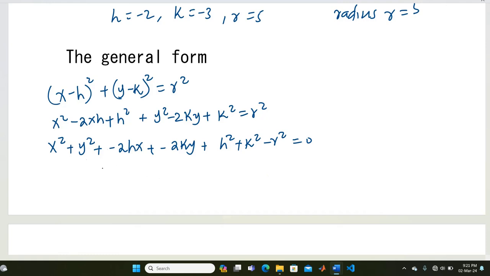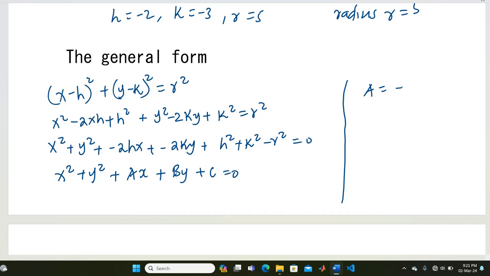So if we summarize this equation and say it is x squared plus y squared, then plus ax plus by plus c is equal to 0. What does that mean? It is going to tell us that obviously our a is equal to -2h, then our b is going to be -2k.